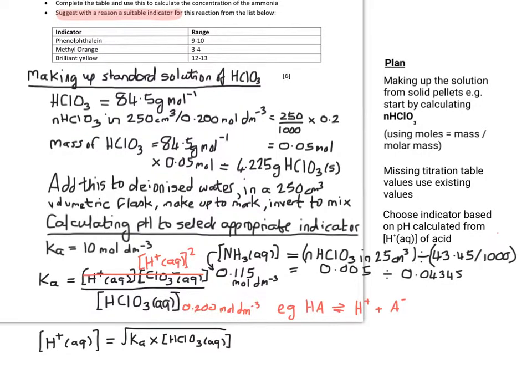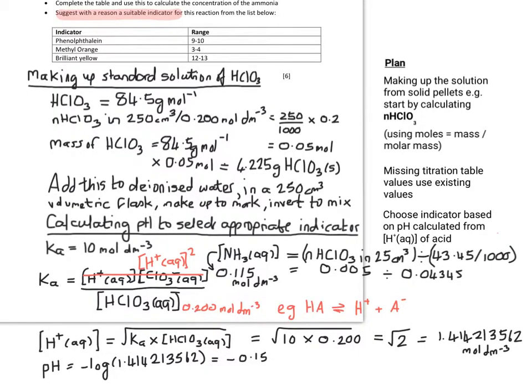So you can rearrange the equation by square rooting Ka times the concentration of your HClO3 to give you the concentration of H+, which gives you root 2, which is 1.414213.562. So remembering to stick to calculator values. That gives us a pH of minus 0.15.